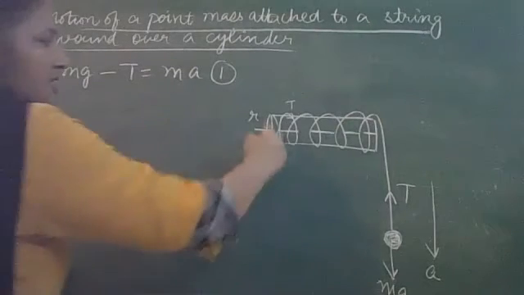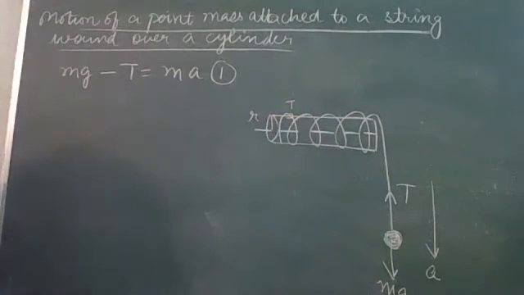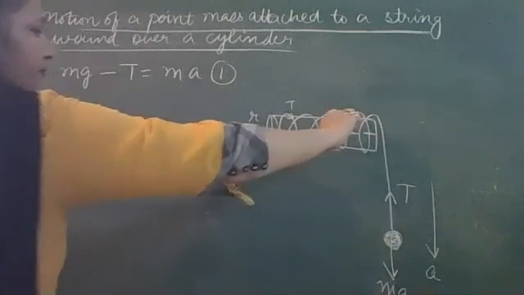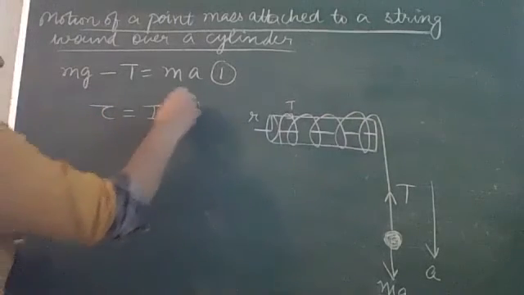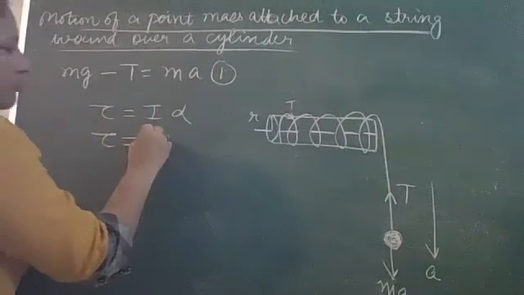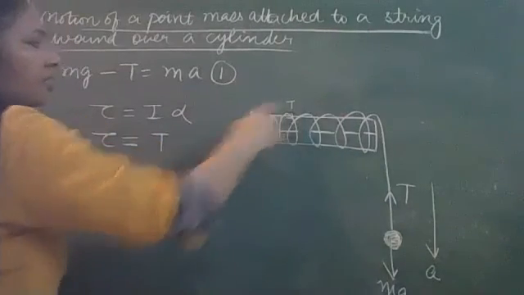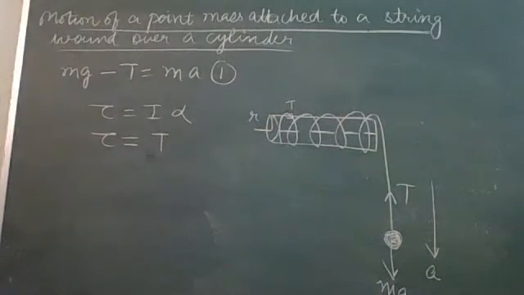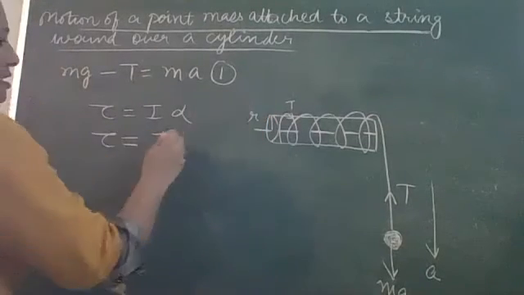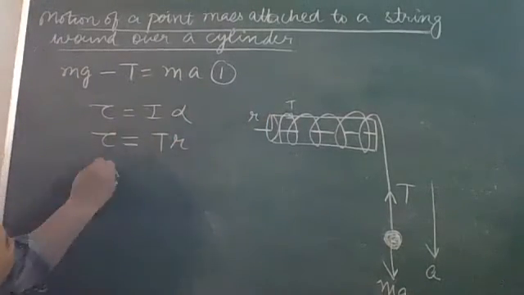Now, let us see what is producing torque here. Which force is responsible for turning of this cylinder? That is obviously the tension in the thread. So torque is equal to I alpha. Also, torque is equal to force into perpendicular distance by definition. So the force responsible for turning is the tension in the thread, and its distance is R. Equate.